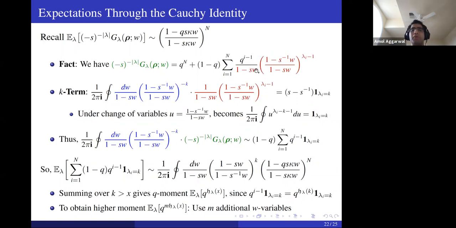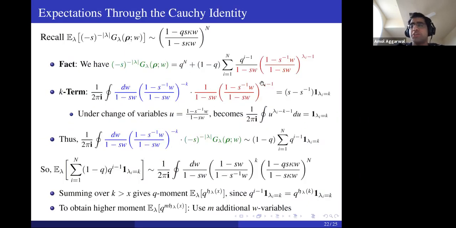Now the point here is that you can extract information from this by contour integration. More specifically, if I take this red term and integrate it against this blue factor here, dw of this blue factor, I pick some integer k and I integrate it. I can fish out the event that lambda i is equal to some k. The statement is more or less a triviality.